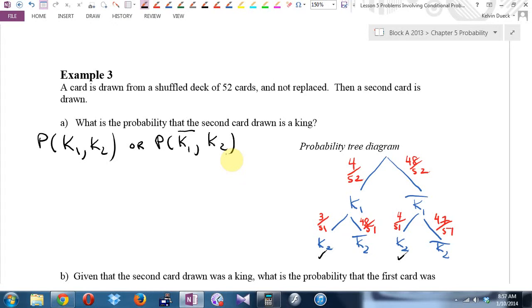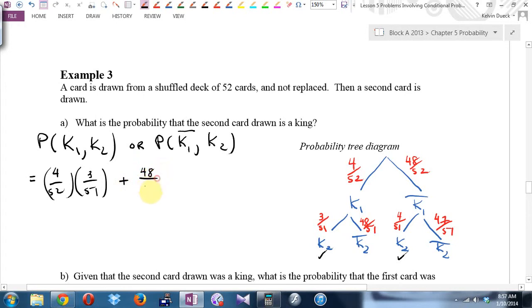Let's just put in the fractions. It's going to be 4 out of 52 times 3 out of 51, or 48 out of 52 times 4 out of 51. How do I multiply fractions? That's the easiest. It's top times top, bottom times bottom.